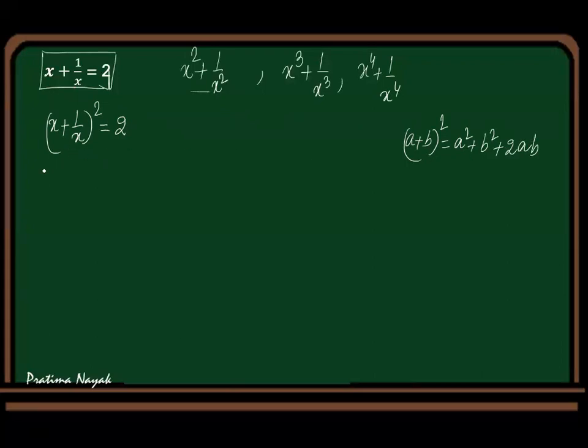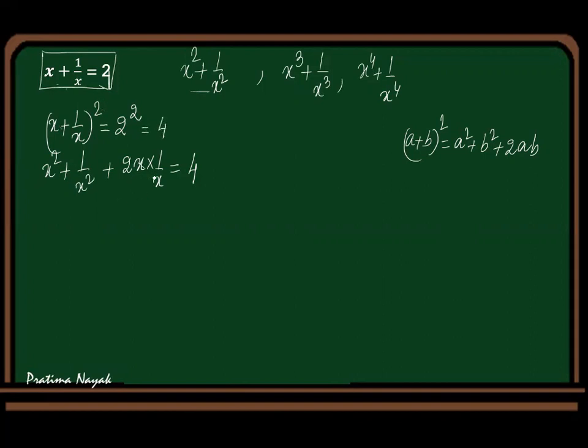So I'll write here x square plus 1 by x square, because square of 1 is 1, plus 2 multiplied by x multiplied by 1 by x is equal to 2 square, which is 4. I forgot to give a square here. x plus 1 by x is 2, so x plus 1 by x whole square is equal to 2 square, that will be 4.